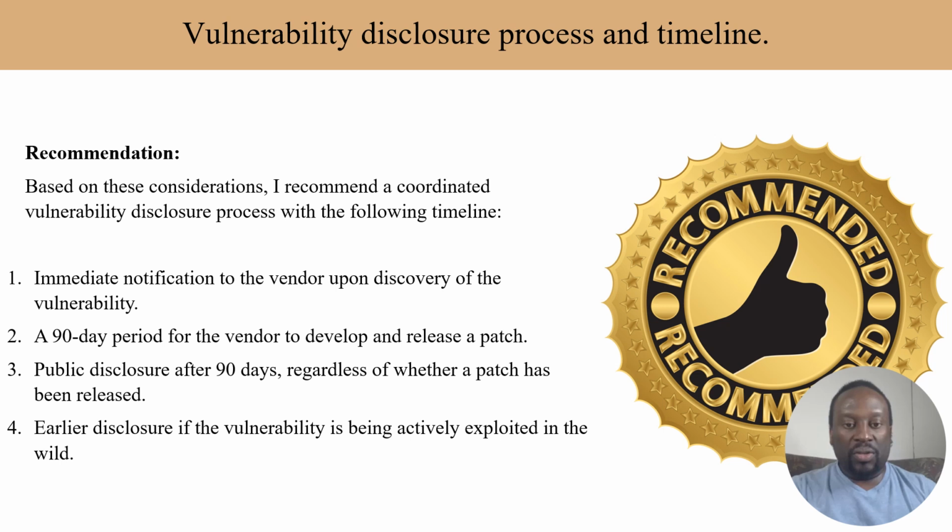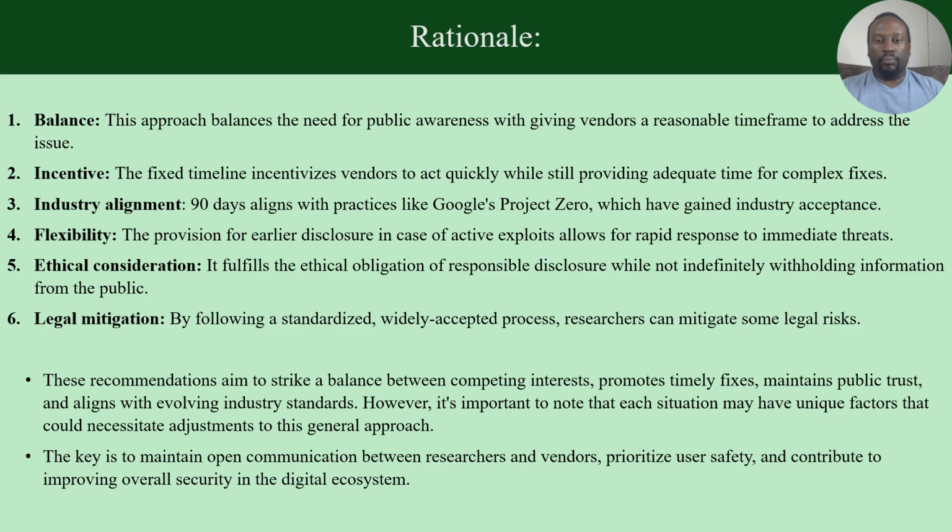Immediate notification to the vendor upon discovery, a 90-day period for the vendor to develop and release a patch, public disclosure after 90 days regardless of whether the patch has been released or not, and earlier disclosure if the vulnerability is being actively exploited in the wild. The rationale for this is that this approach balances the need for public awareness with giving vendors a reasonable time frame to address the issue.